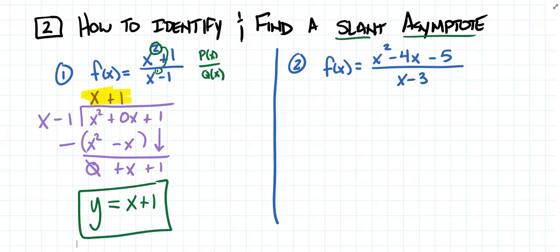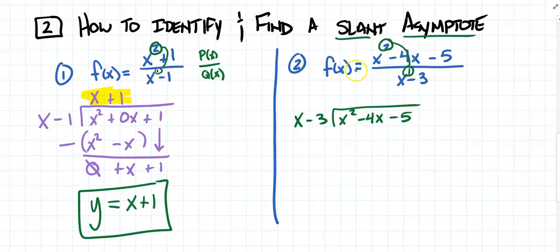Okay, let's go ahead and find the slant asymptote for example number 2. I'll do this in green for you. The degree of p of x is 2. The degree of q of x is 1. They are separated by a value of 1. Therefore, I know a slant asymptote exists, and I can find it using long division. So I have x minus 3 divided into x squared minus 4x minus 5. Okay, x goes into x squared x times, x times x is x squared.